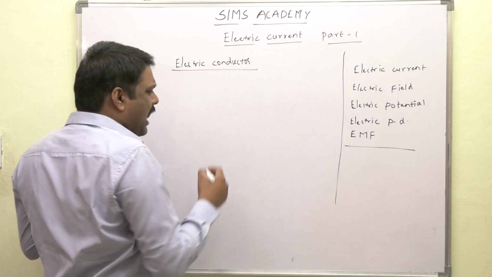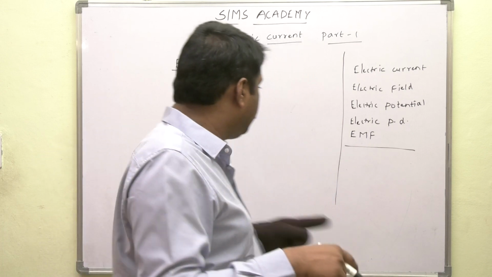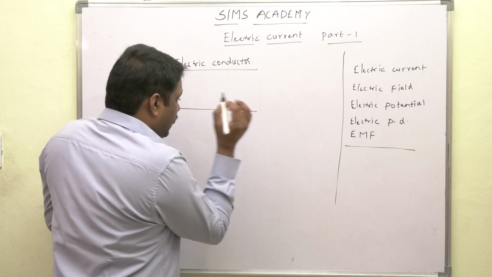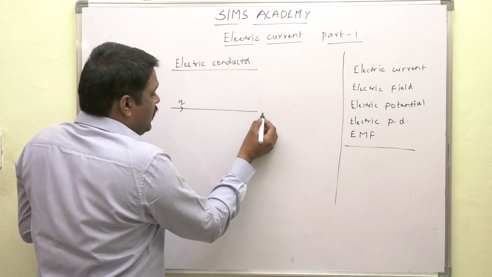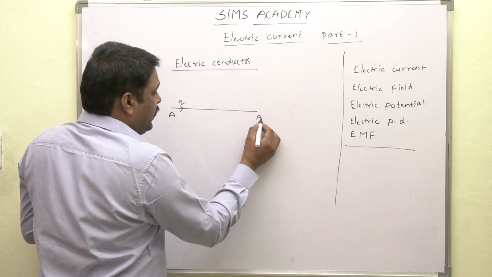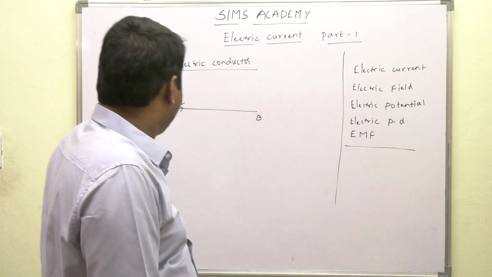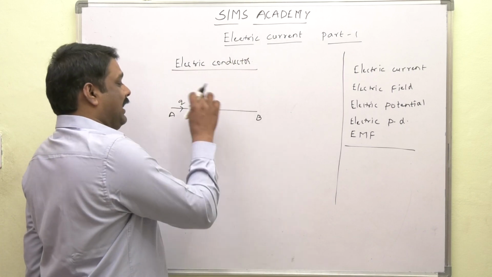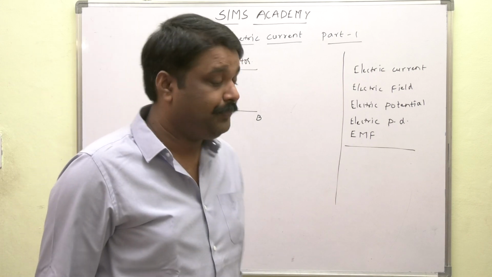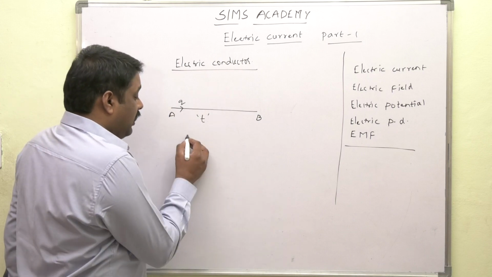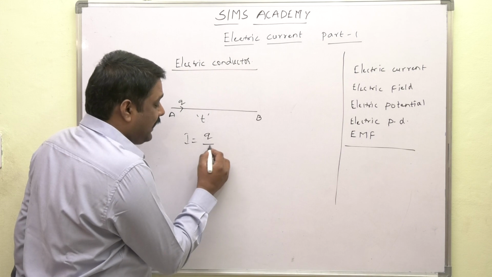And similarly, what happens in the electric conductor? Let us consider an electric conductor. Here, the charge flows from this place, let us say point A, to point B. Let a charge Q flow from point A to point B in a time, let us say t. Then the rate of flow of charge, we define it as electric current.